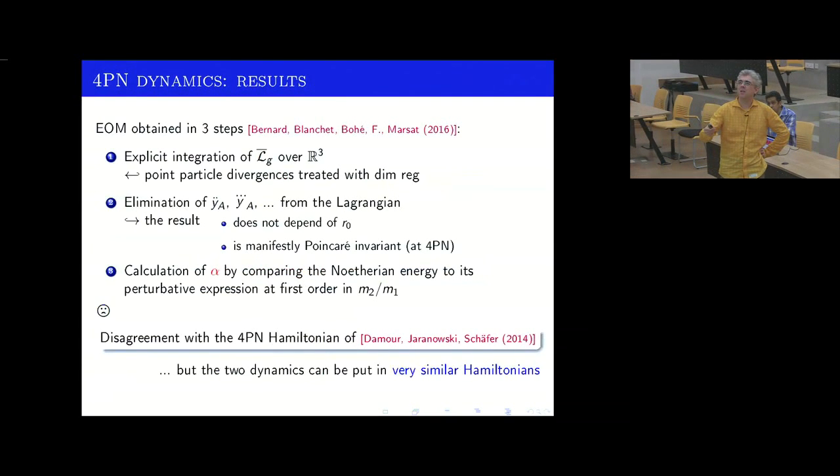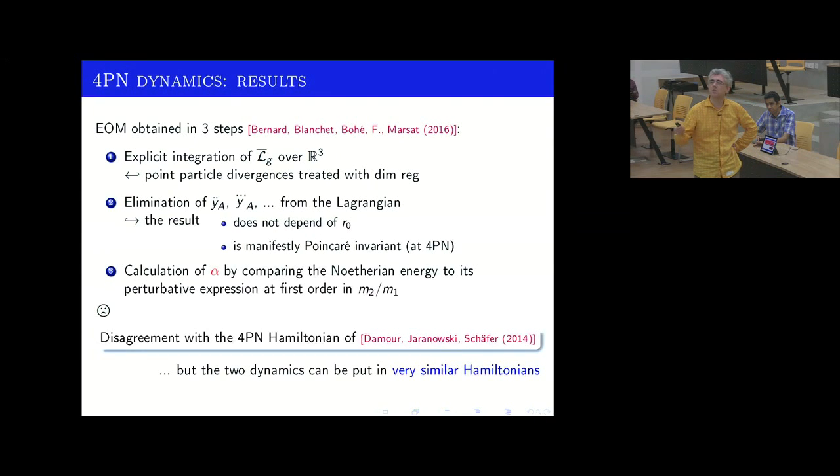So we have used this action and applied the three-step procedure to compute the final effective action. So we have integrated the Lagrangian density explicitly using dimensional regularization for the UV divergences.